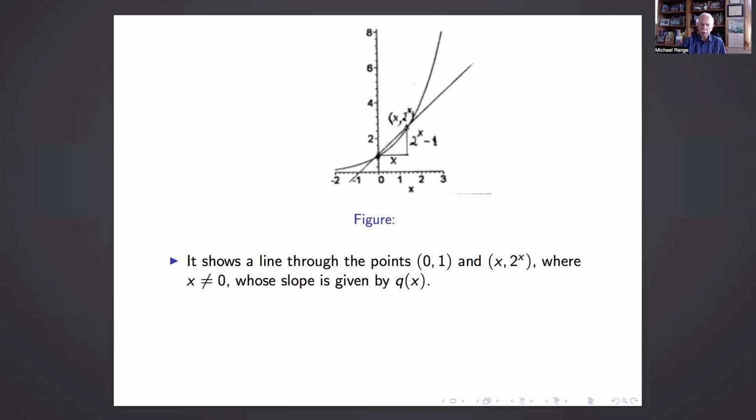And as the point x goes to 0, that is, this point here slides along the curve to approach the point 0, 1, the line slowly rotates and in the end will be a tangent line which touches the graph of the exponential function in a double point.